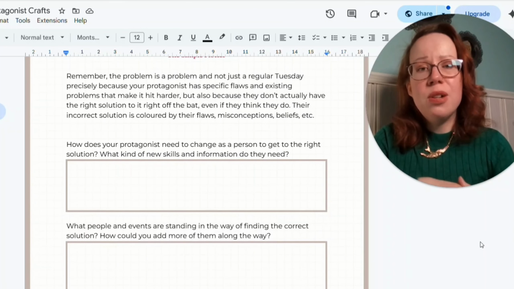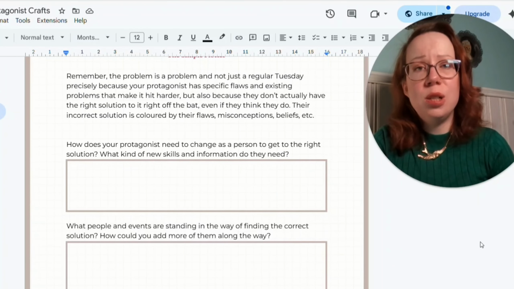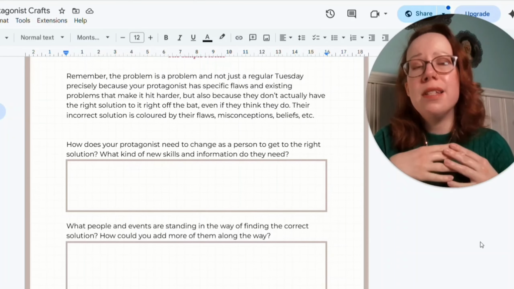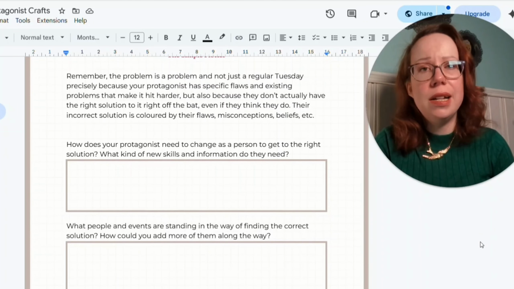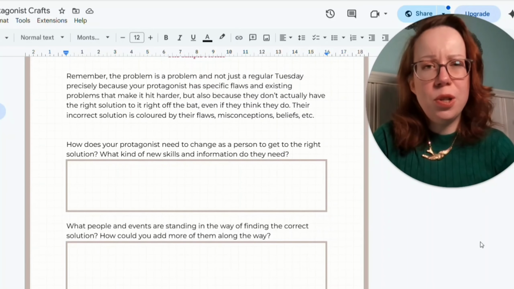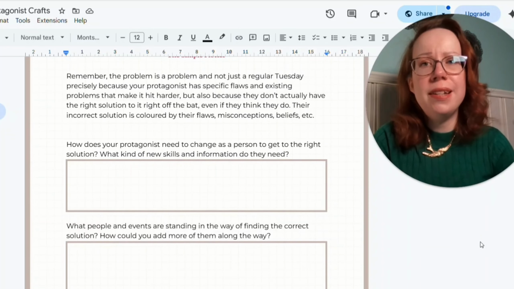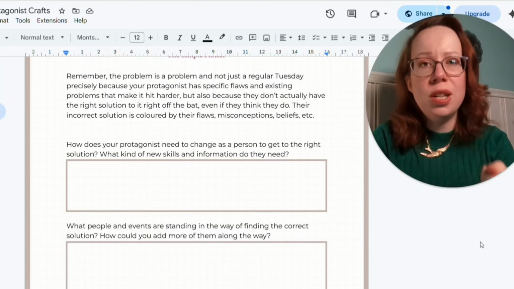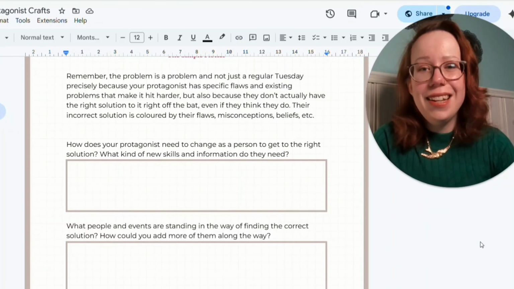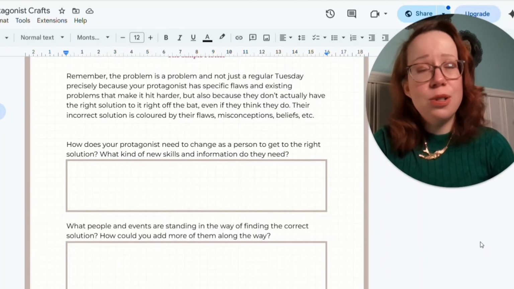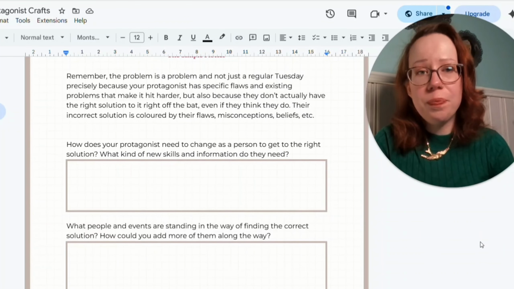But also, it's because they don't actually have the right solution off the bat. That's why it is a problem. If I tell you, give me €5 or I'm going to punch you in the face, and you have €5 in your pocket and you give it to me, then it wasn't a real problem, now was it? And that's how it should be for your characters as well.